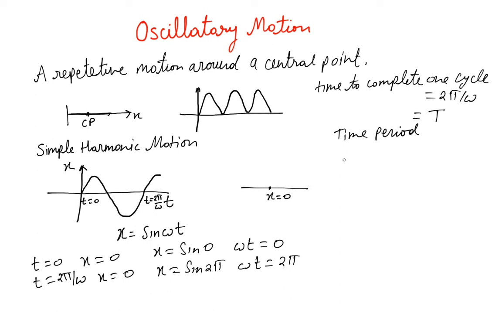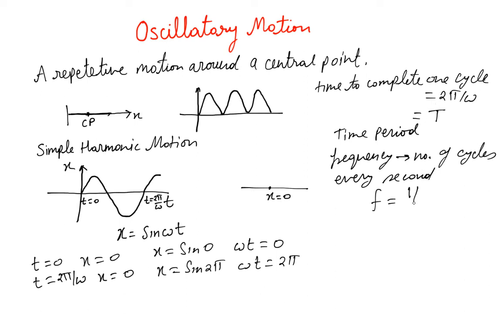And there are some related definitions like frequency. Frequency is defined as the number of cycles every second. So if the time taken to complete one cycle is capital T, you can figure out that frequency should be 1 over capital T.